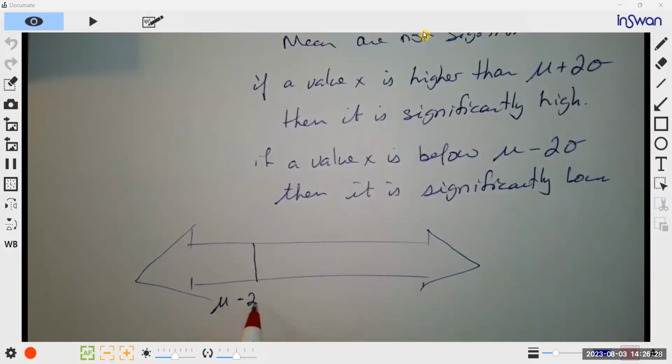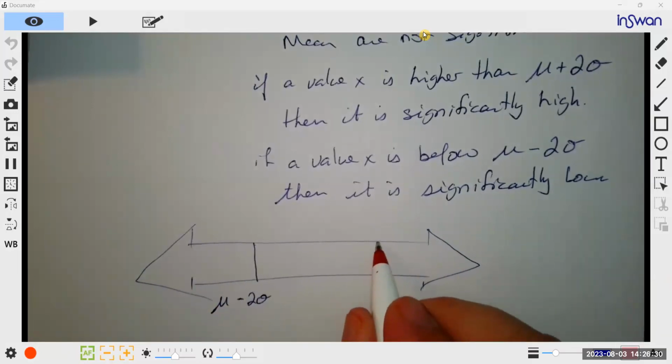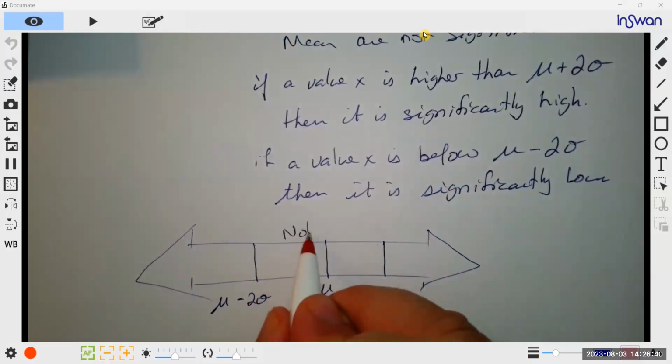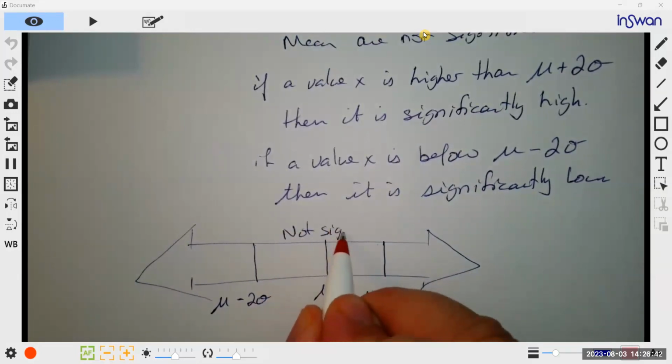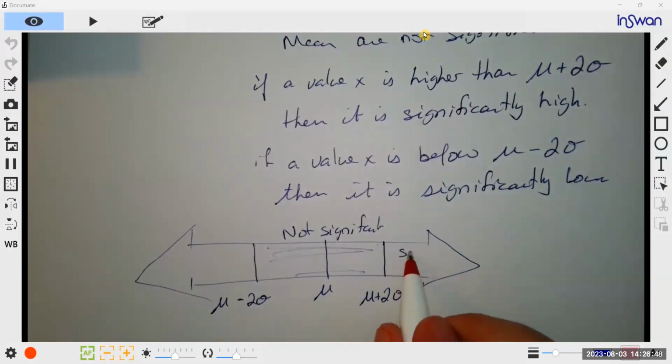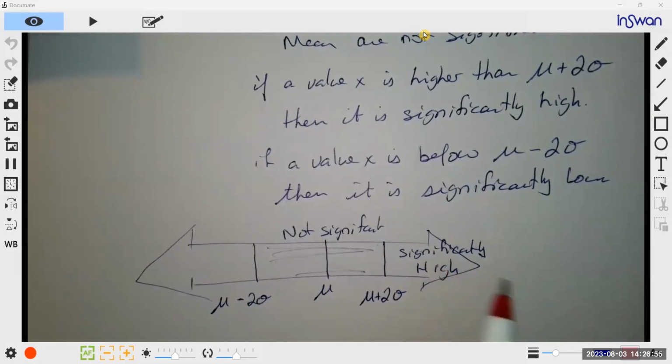So it's the mean minus 2 standard deviations, the mean plus 2 standard deviations, and here's the mean. If it's here, it's not significant. So here it's significantly high.